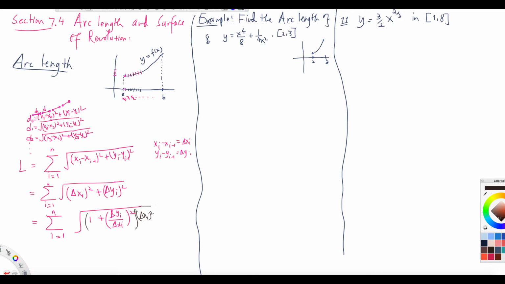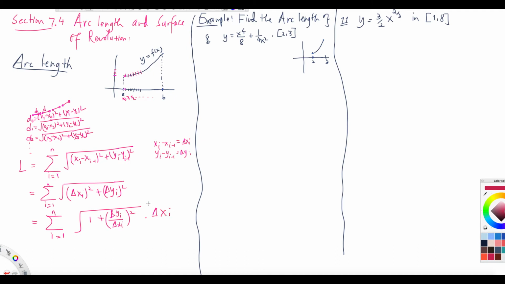When you take it out from outside the root, it will become just delta x_i, not delta x_i squared. So if you write it that way, it's times delta x_i.